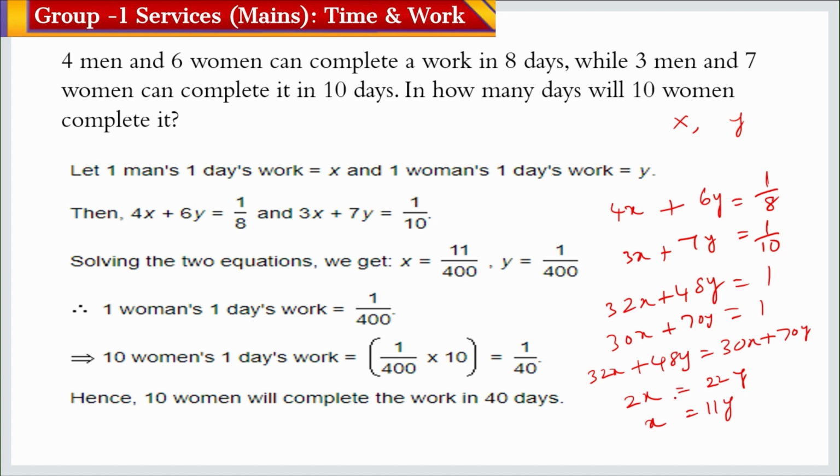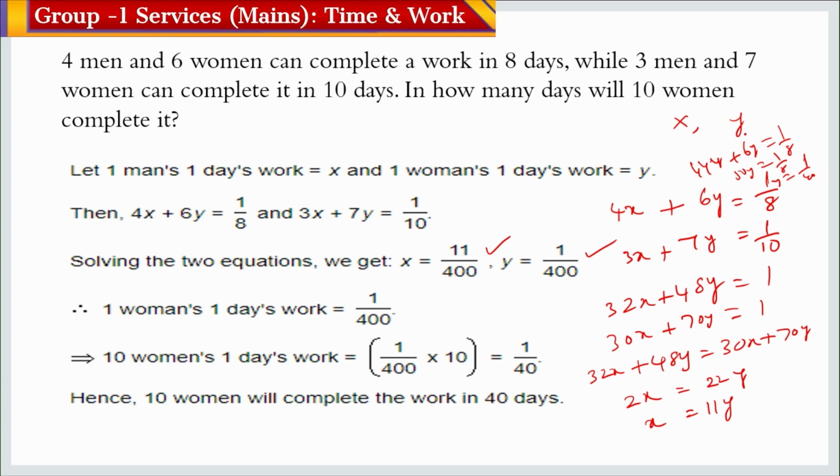Substituting x equal to 11y, 4x is 44y plus 6y is equal to 1/8, means 50y is equal to 1/8, so y is equal to 1/400 and x is equal to 11/400.